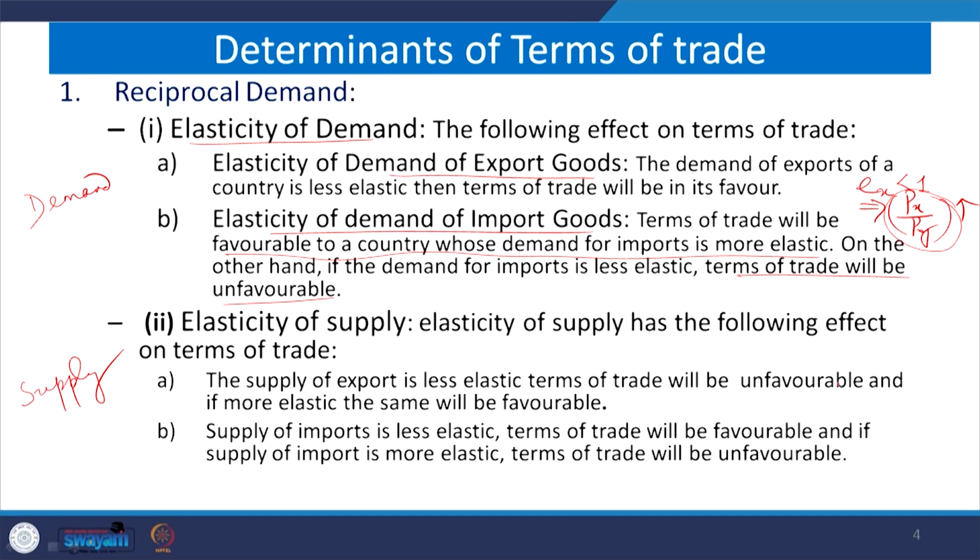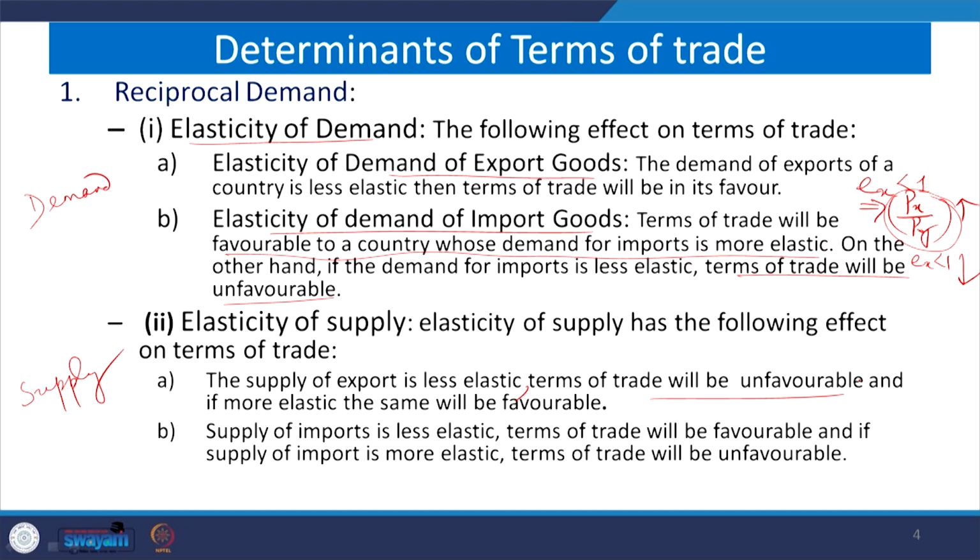So far as demand is concerned, we found that it is favorable in some cases and unfavorable in another. Whereas in the supply case, if your supply of exports is elastic, the terms of trade will be unfavorable. How to interpret it?